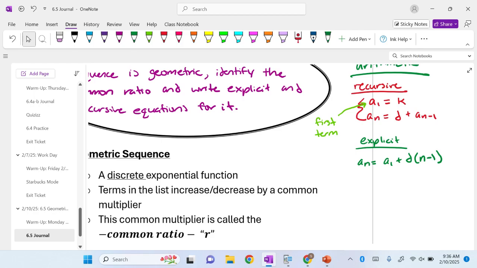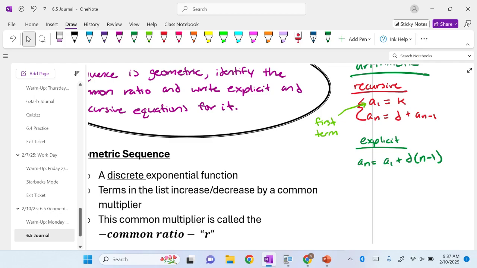Does anyone remember what d means? I'll give you a hint. Mathematicians are very blunt when it comes to labeling things. Think of a word that starts with the letter d. Think about it. Arithmetic means you're adding and subtracting a number.